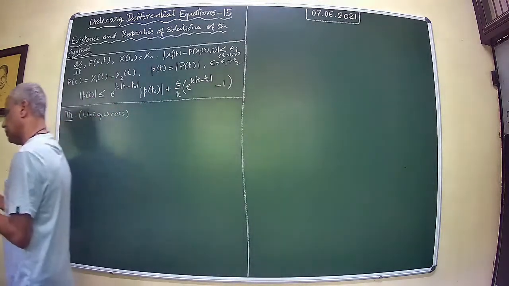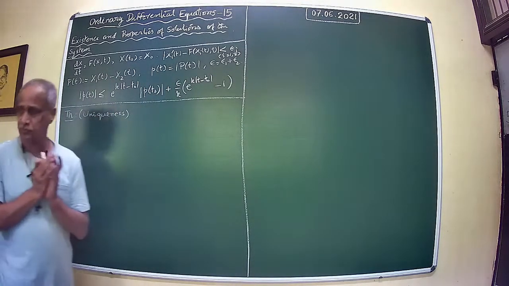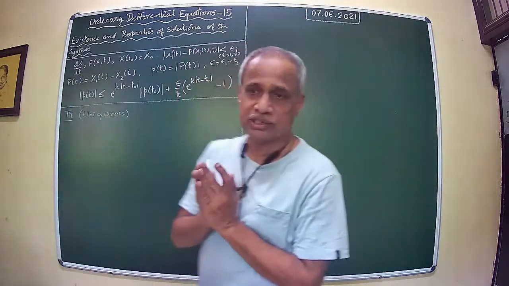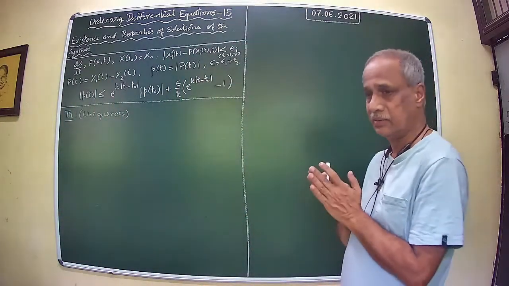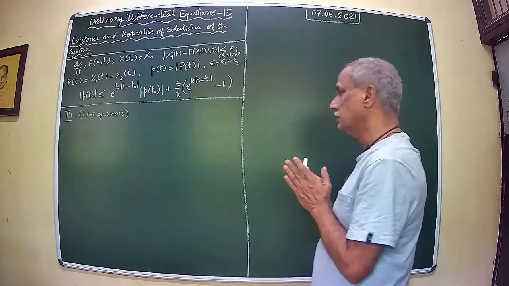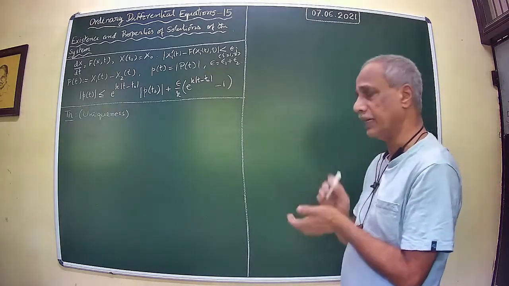What we want to prove right now is this: that if two solutions exist, then they are identical. We are still not saying that solutions do exist. That we will take up soon.